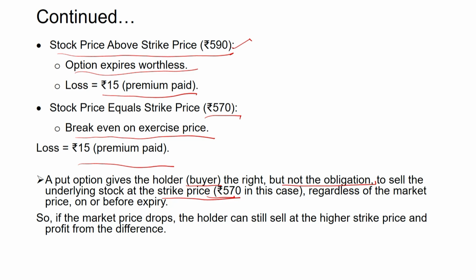So if the market price drops or rises, it doesn't have an impact on the strike price of the option contract, and the option holder may have a profit if the price of the asset goes down, or they may have a maximum loss of the option premium if the price of the underlying stock moves up in the market.